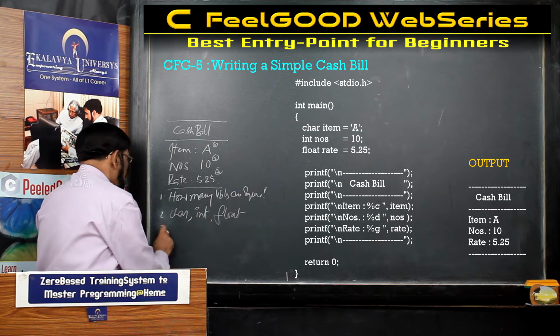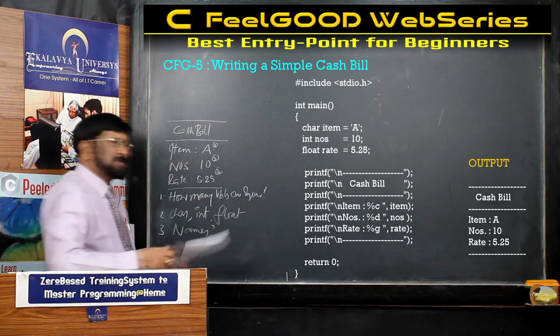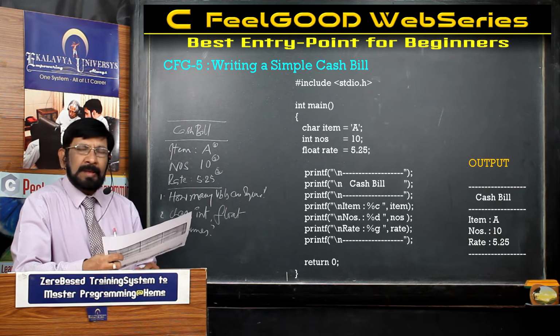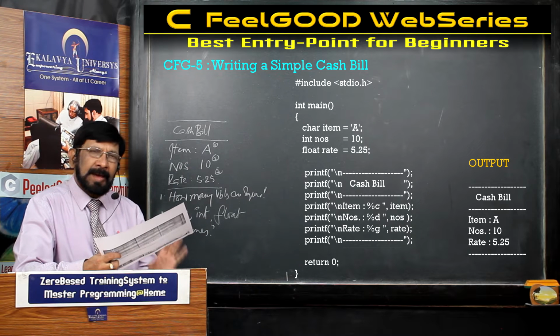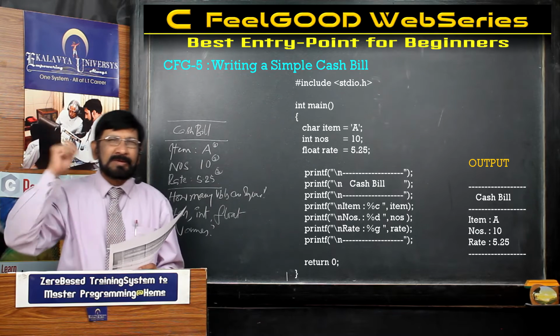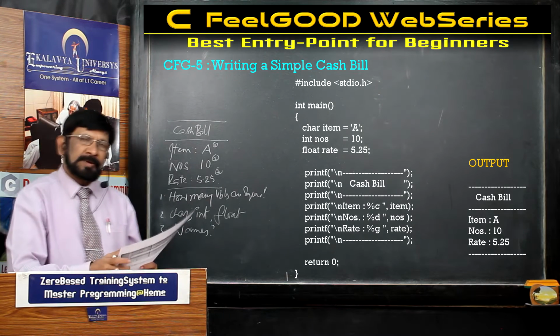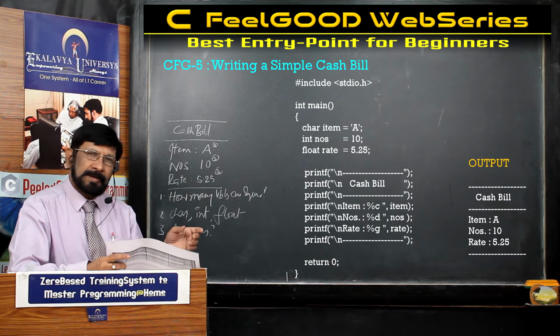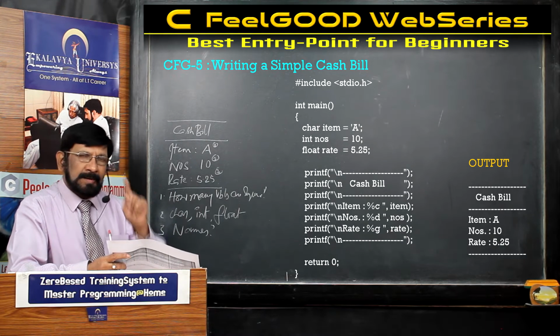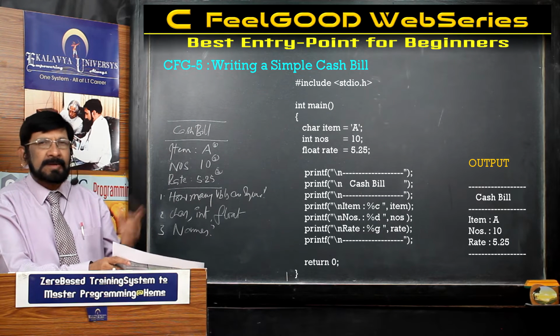Number 3, what are the names, which names you have to give. Actually, as I told you already, don't give hanky-panky names. Many college students, for everything they give ABC, XYZ and all that. That is very bad culture. Whatever name you give, complete name or short name, as soon as somebody reads that name, they should understand what it represents.